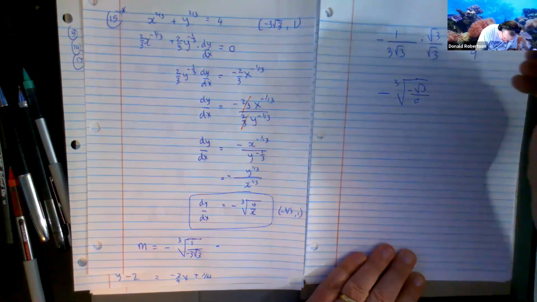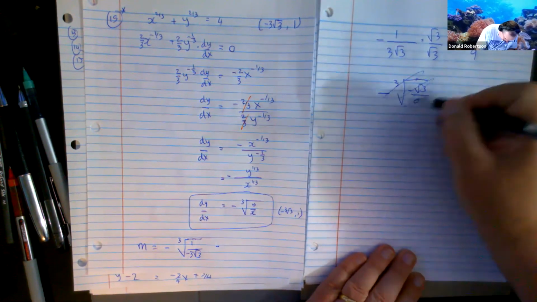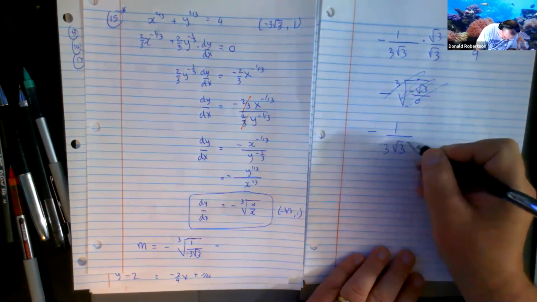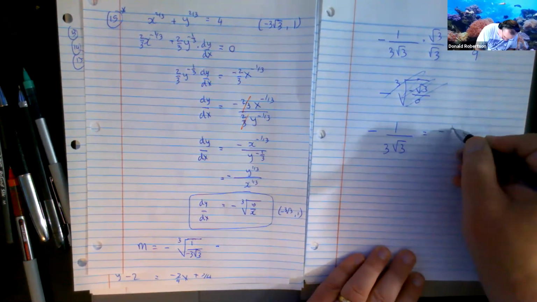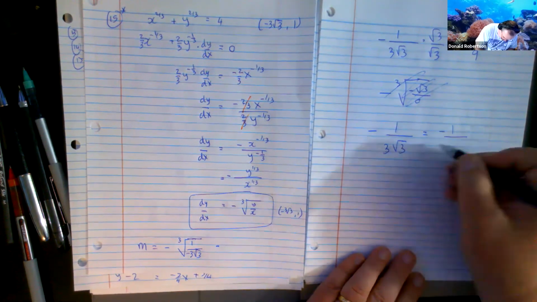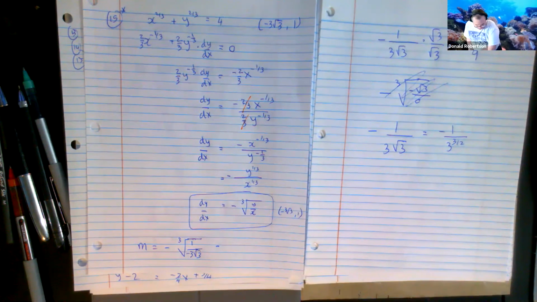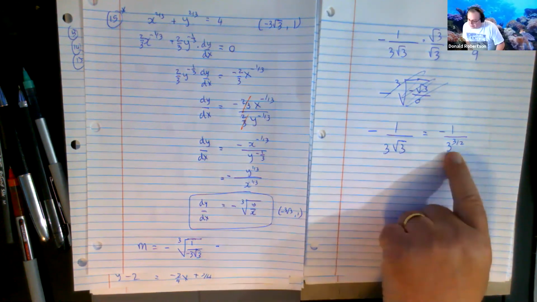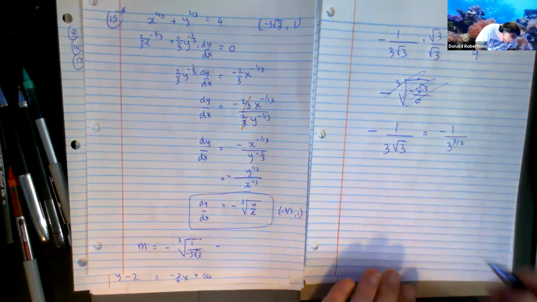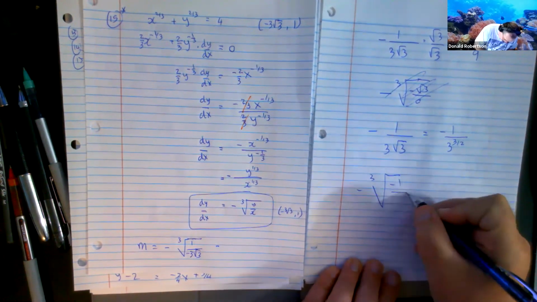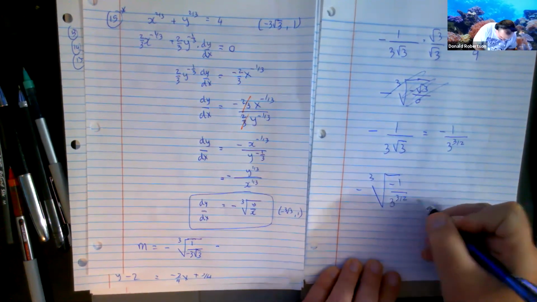Oh. Change of plan. Saw a better way of doing it. 3 root 3 is actually 3 to the 3 halves. Right? 3 root 3 is 3 to the power of 3 halves. I'm going to stick that inside a cube root. Okay.